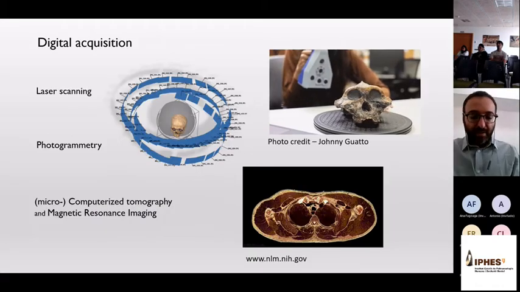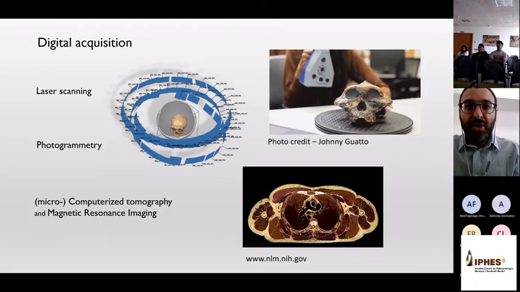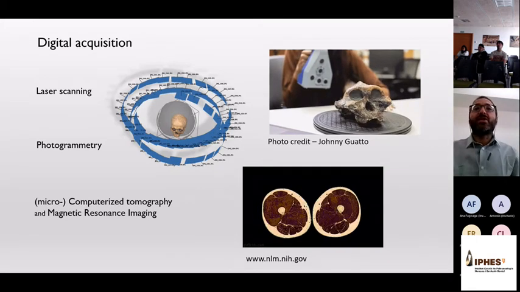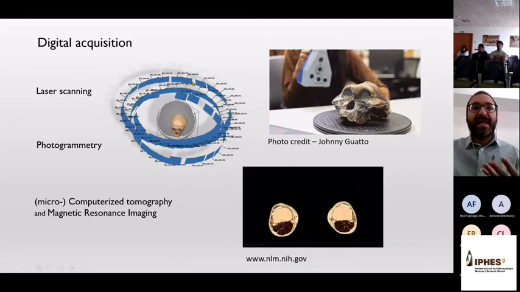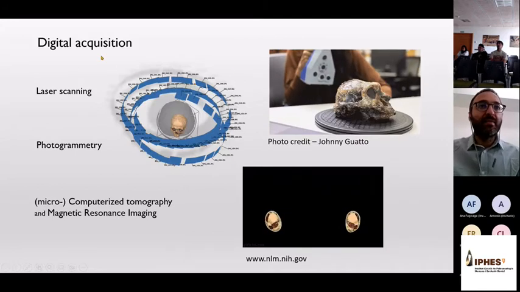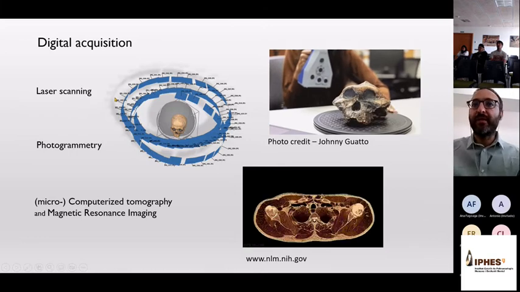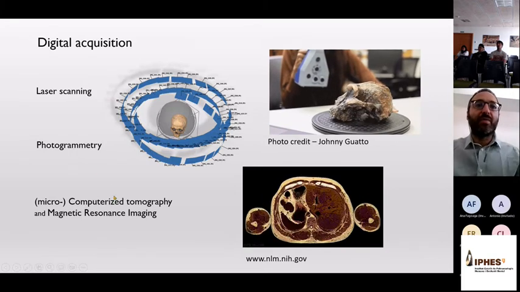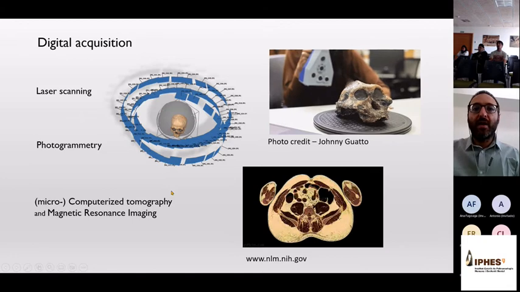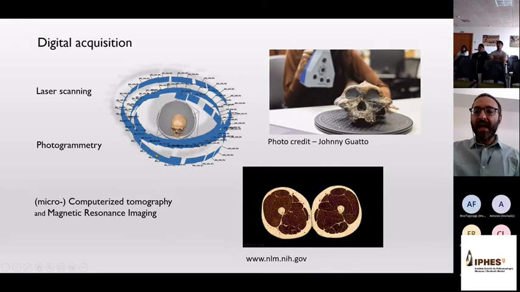So when we talk about virtual anthropology, the first step is the digital acquisition. All of us are experts in digital acquisition, and we can use different techniques like laser scanning, photogrammetry, computerized tomography, or MRI.